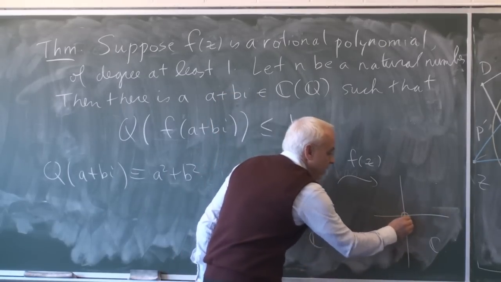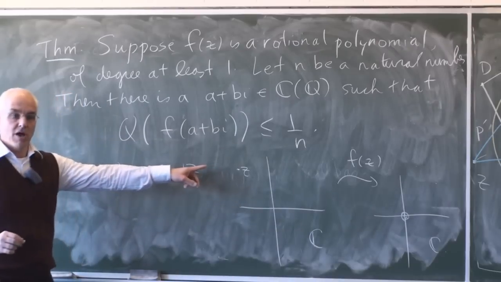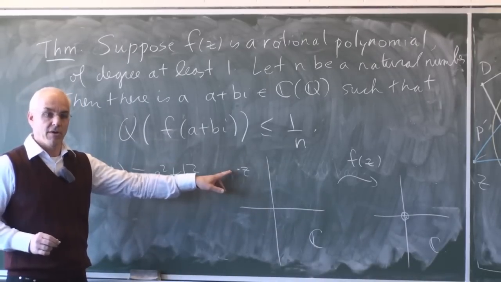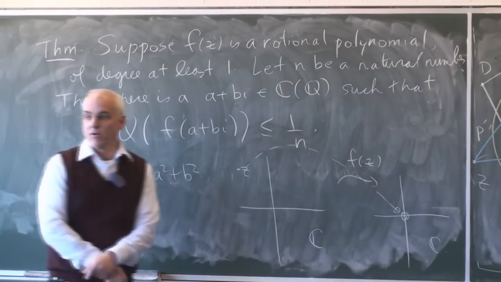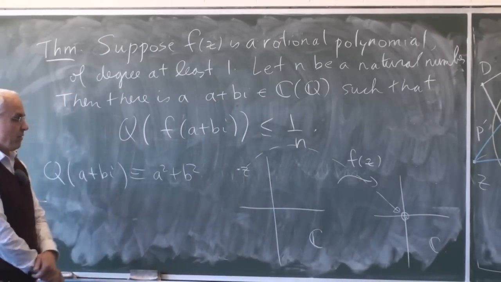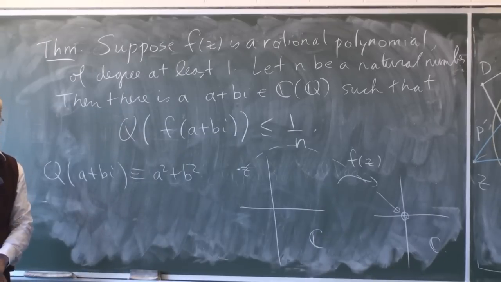And what I'm saying is that I can find a rational complex number out here somewhere in here, which is mapped close to 0 in the sense of within 1 over n in quadrance of 0. So that's the fundamental theorem of algebra, as far as I'm concerned.